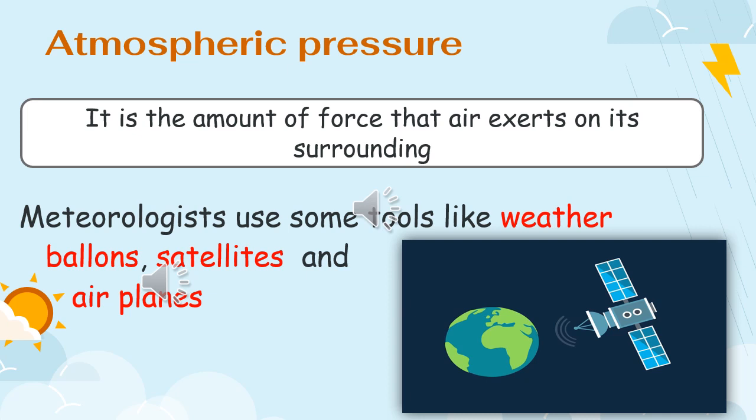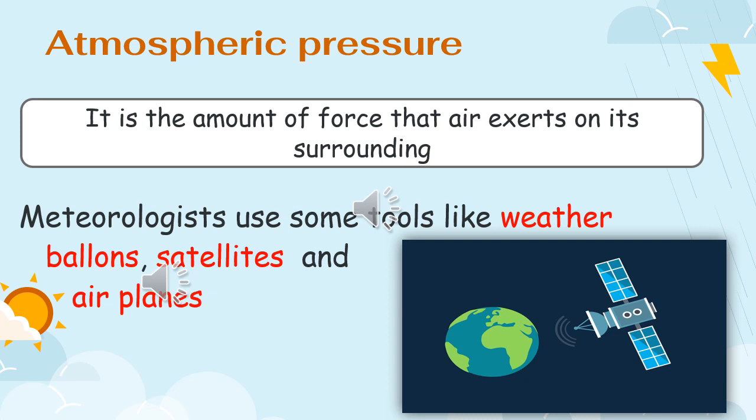As we said before, we use the barometer to measure the atmospheric pressure. But what is the meaning of atmospheric pressure? Atmospheric pressure means the weight of the air that is exerted on an area, or the force of the air exerted on an area.